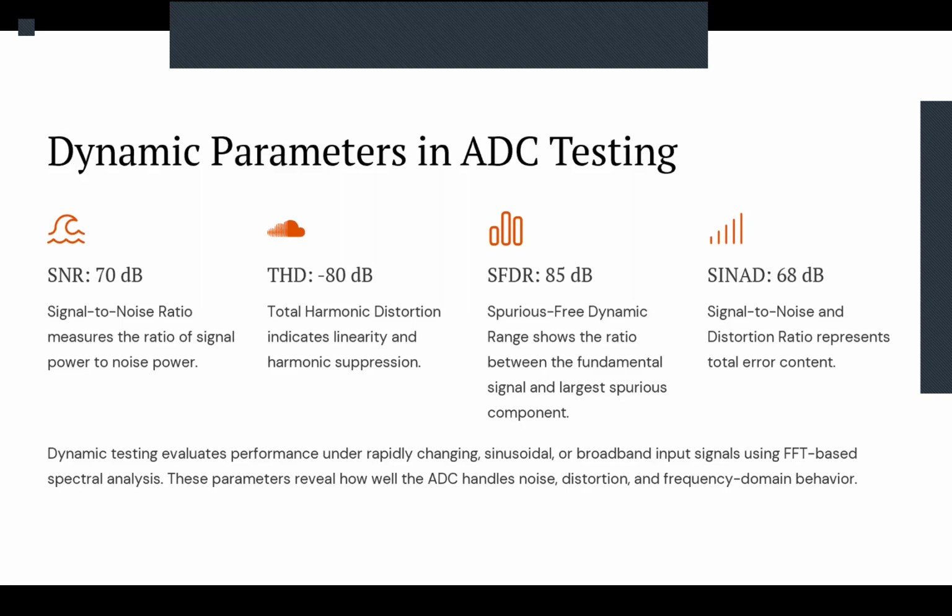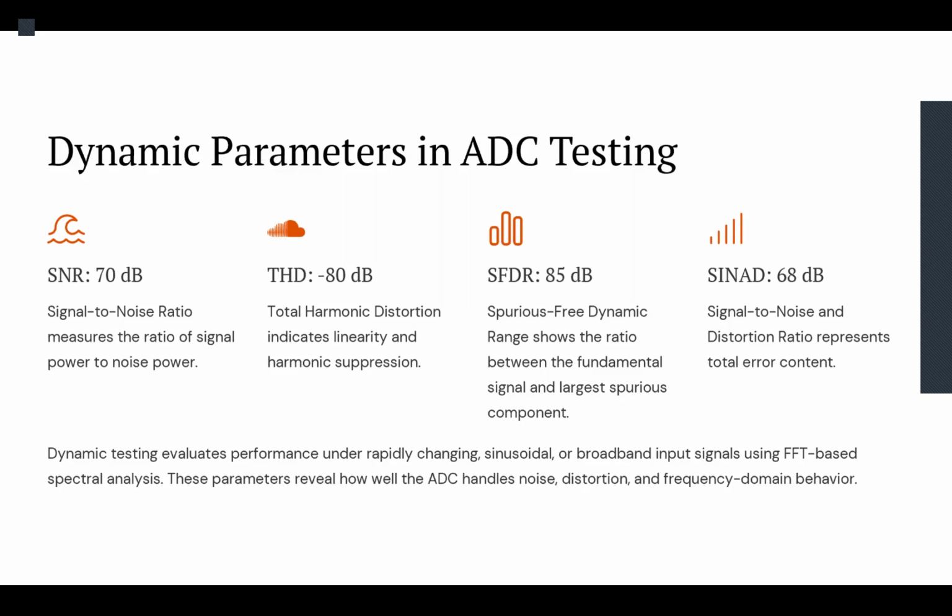The next parameter that we wanted to discuss is SFDR. It's the ratio of the power of the fundamental signal to the power of the largest spurious frequency component. Spurs can arise from harmonic distortion, clock feedthrough, crosstalk or digital switching noise.